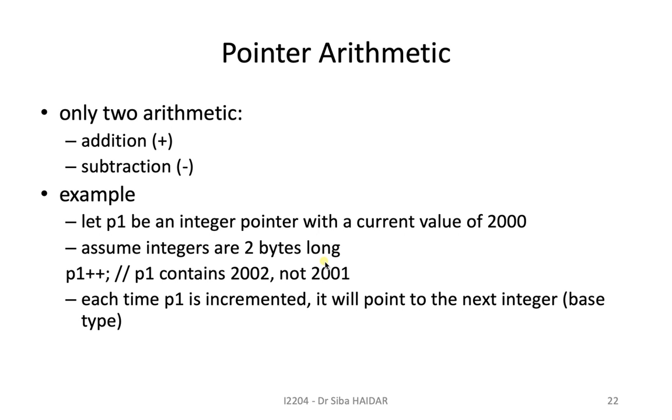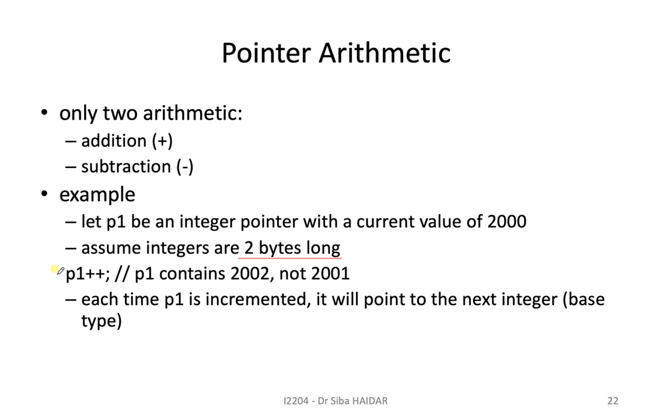So assume the integers are 2 bytes long, and if we post increment p1, if we write p1 plus plus, knowing that p1 is an integer pointer, an int star p1. When we do this, p1 will not contain 2001, it will contain 2002. Why? Because we need 2 bytes to store an integer.